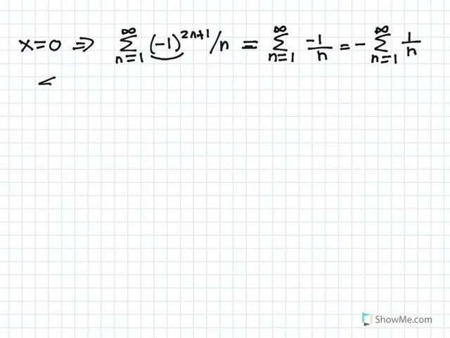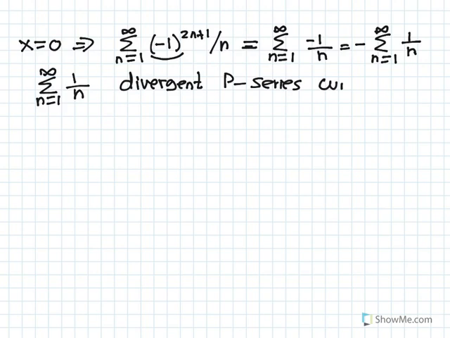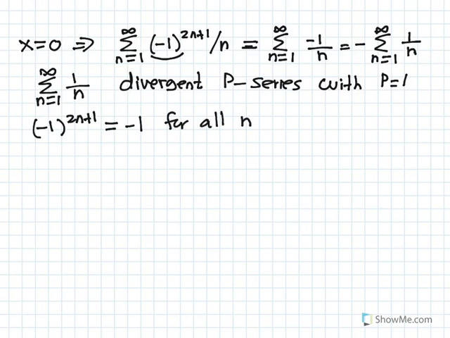But we know that summation 1 over n from 1 to infinity is a divergent p-series with p equals 1. So negative 1 raised to the power of 2n plus 1, an odd power, is always going to be negative 1 for all n. For that reason, this is not an alternating series, it's just negative summation 1 over n.